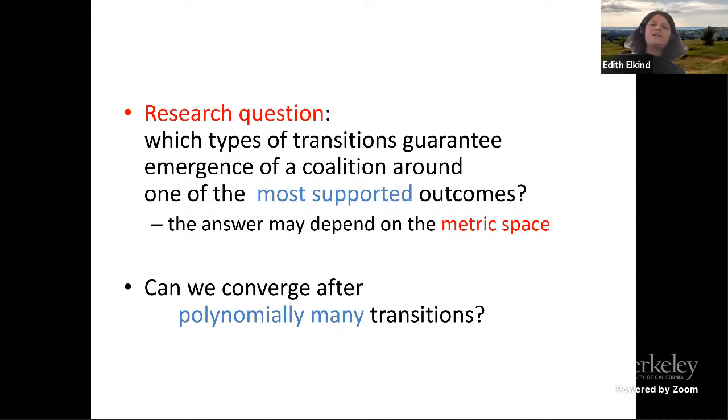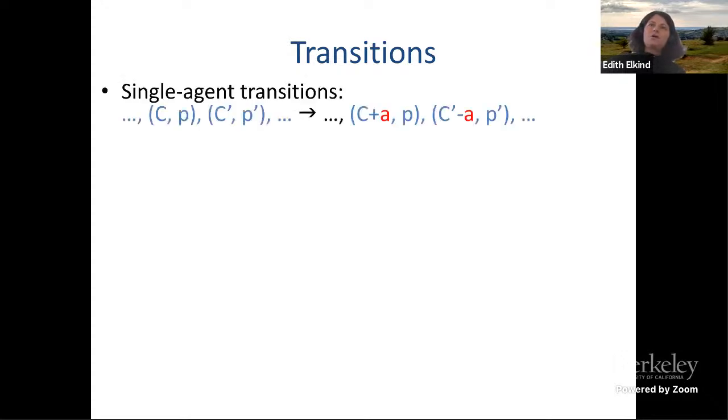Okay, I'm afraid this was quite hand-wavy, so let me try to make it a little more formal. I already defined what a deliberative coalition and a deliberative coalition structure are. Let me now talk a little more formally about transitions. Single agent transitions are of this form. We have a coalition structure with a pair of coalitions.